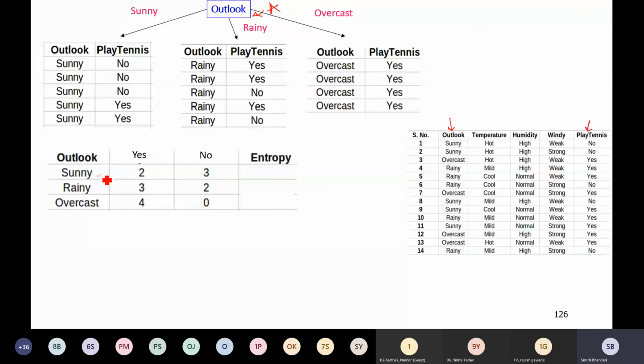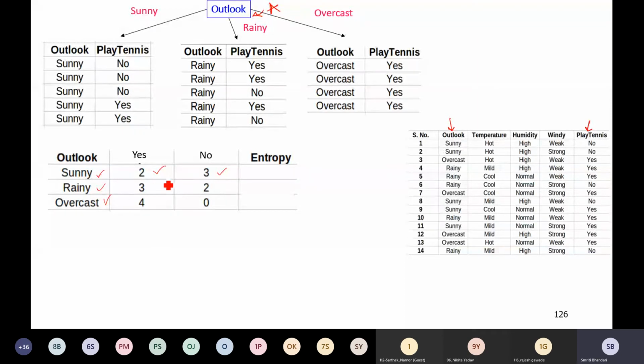So how am I going to do that? Outlook is having three different values. Now how many samples for sunny? In this subset, how many samples belong to class yes? 2 samples. And how many belong to class no? For sunny, 3.